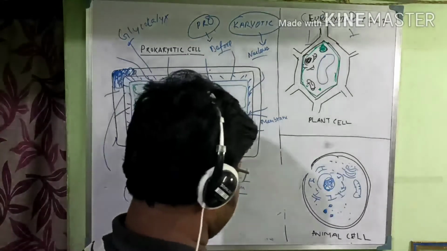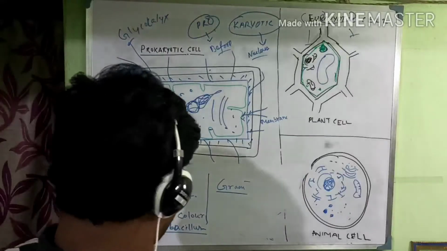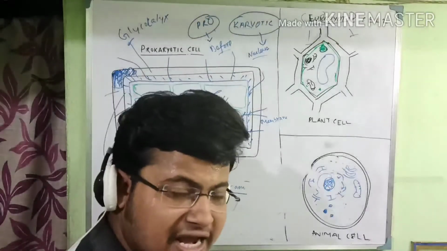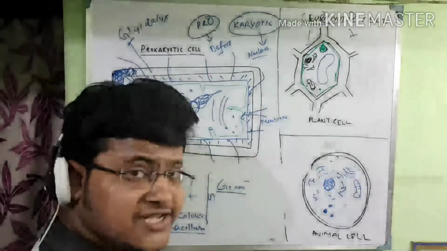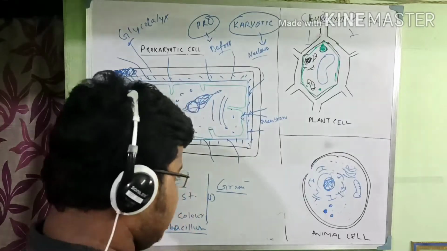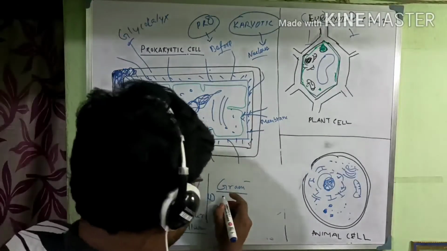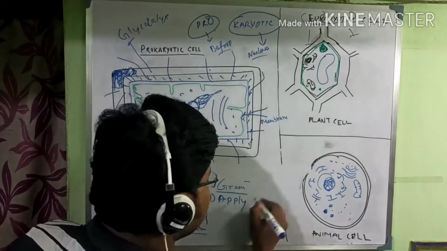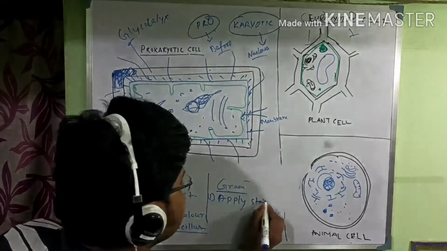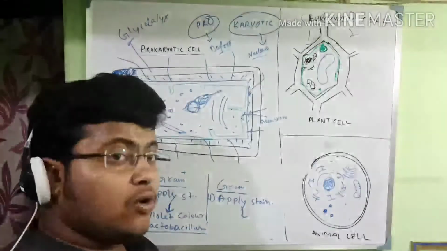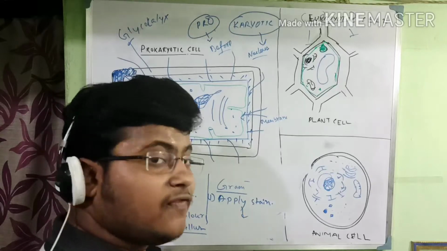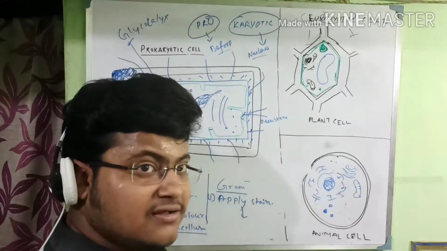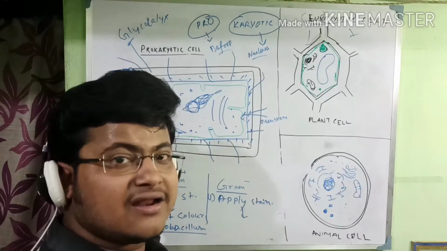Okay, but what is gram-negative bacteria? If we apply the gram staining on the bacterium, apply the stain, and then add the decolorization effect with acetone, this bacterial cell wall does not retain the color.